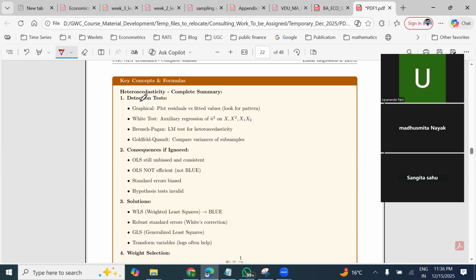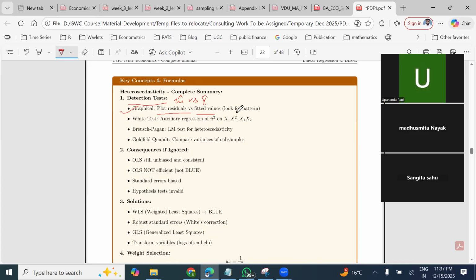Now in this context also you should know certain things. First of all, how we detect heteroscedasticity. One method is the graphical method. So what you will be plotting just to check? You will be plotting residuals ui hat versus yi hat.